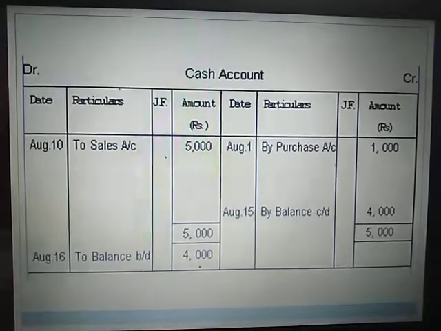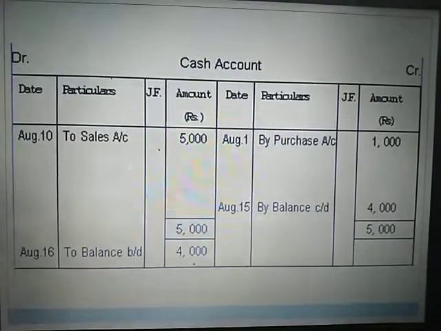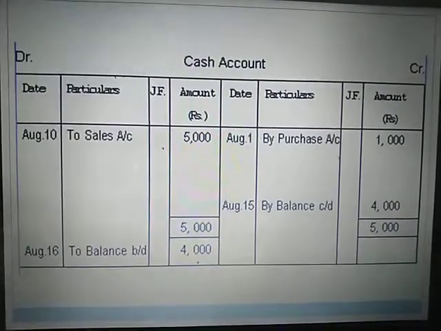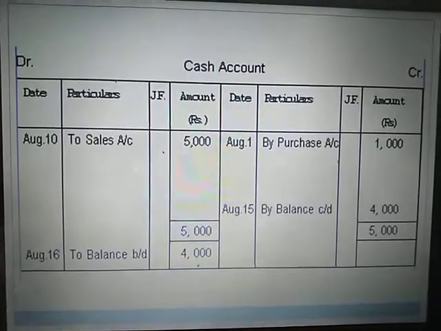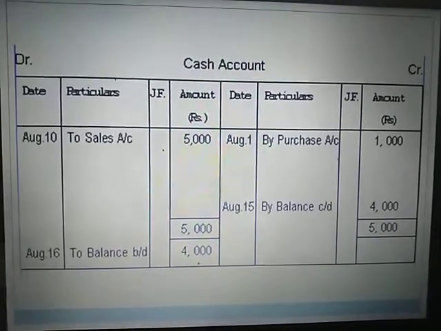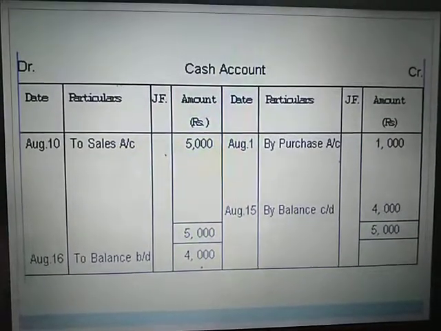Then on 1st August, on the credit side, it's written by purchase account rupees 1,000. That means we have purchased some goods and cash has gone out of the business, so it is credited by the rule: when it is decreasing the asset, we have to credit it.